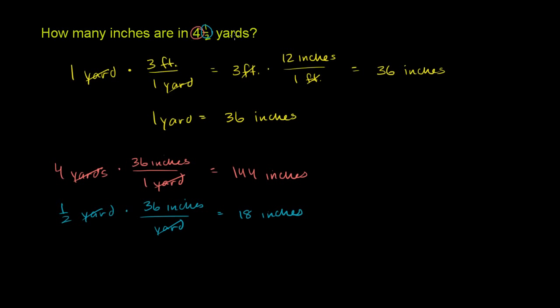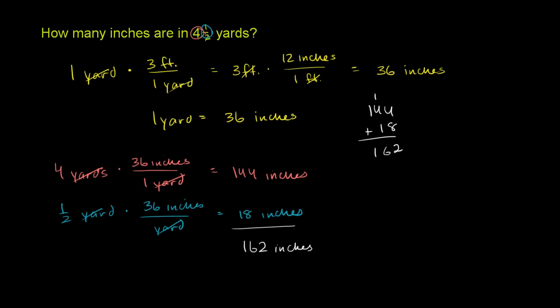So 4 and 1/2 yards is the same thing as 4 yards plus 1/2 yards, which is the same thing as 144 inches plus 18 inches, which is going to give us, let's just add it up over here on the right, 144 plus 18. 4 plus 8 is 12. 4 plus 1 is 5. You have this 1 up here, so it's 6. And then we have a 1. So when you add them all together, you get 162 inches.